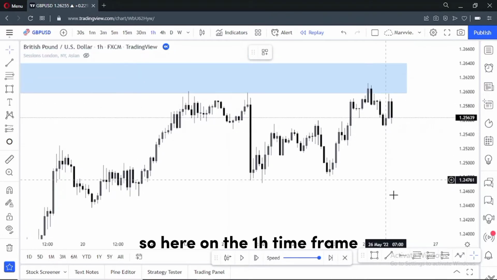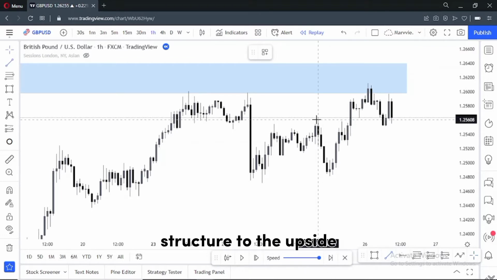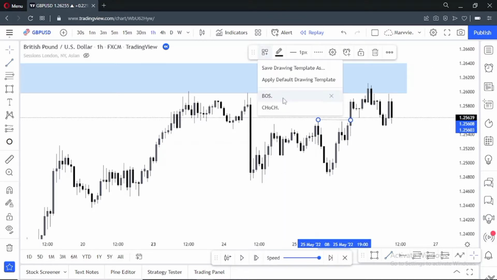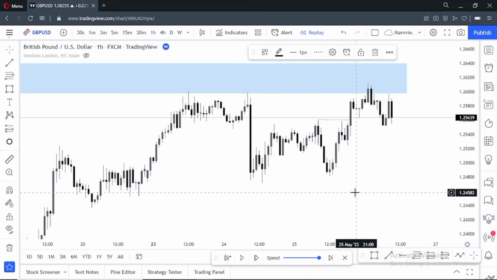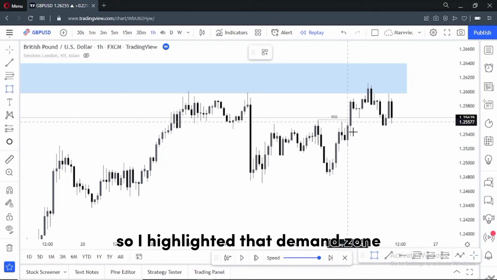So here on the 1 hour time frame, I could see that price had just broken structure to the upside. And this was the demand zone that was responsible for the break to the upside. So I highlighted that demand zone.